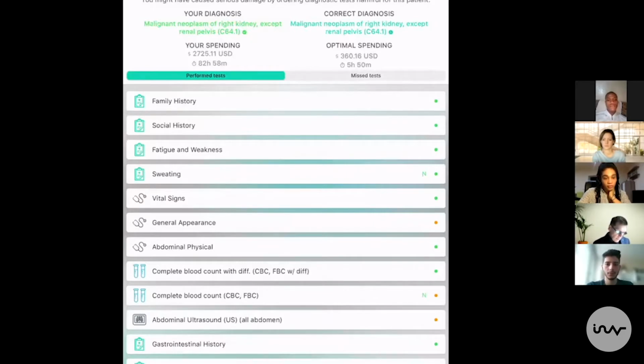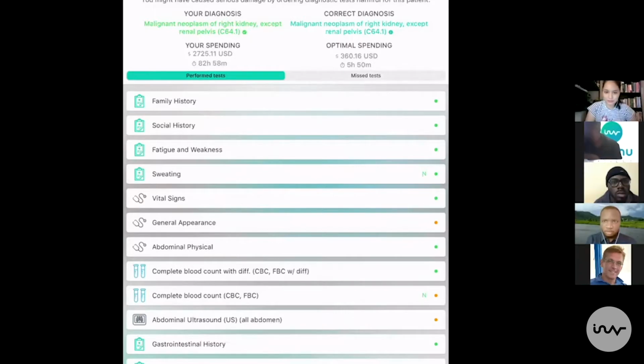We can see some orange points, which mean that it's an alternative way of investigating. It's not in the optimal diagnostic pathway, but it does no harm to the patient, though it may increase the costs.